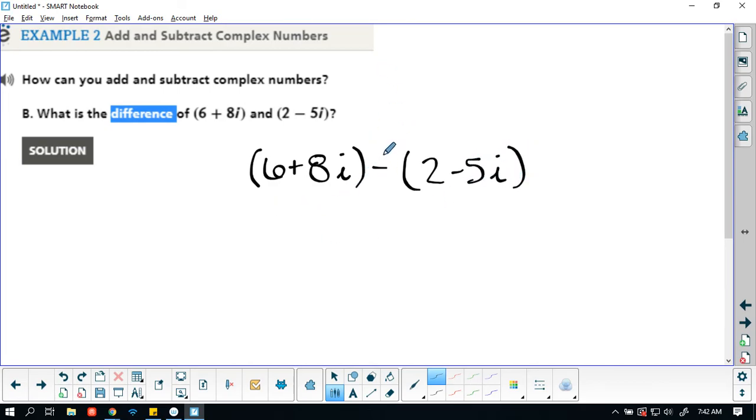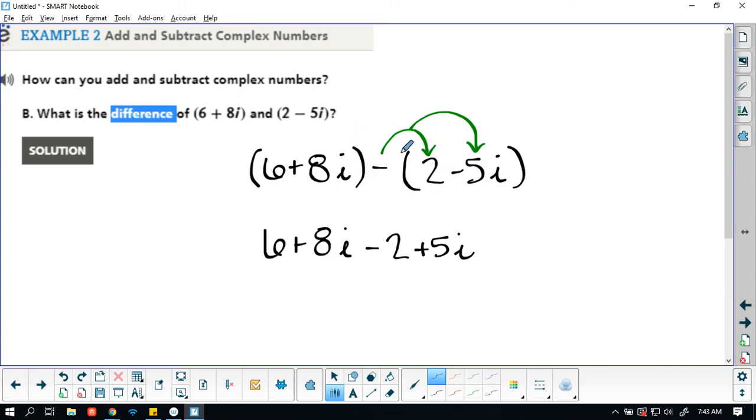First, I want to see if there's anything I could do in the parentheses. There's no way I could combine anything in these parentheses. And just like that last example, we are going to distribute this negative to both those terms. Negative times a positive 2 is a negative 2. Negative times a negative 5i would be a positive 5i.